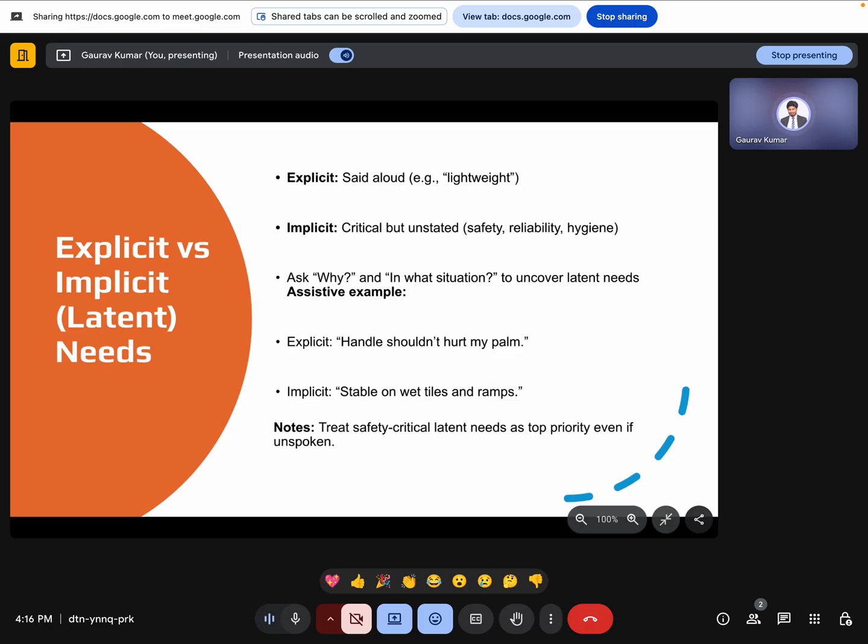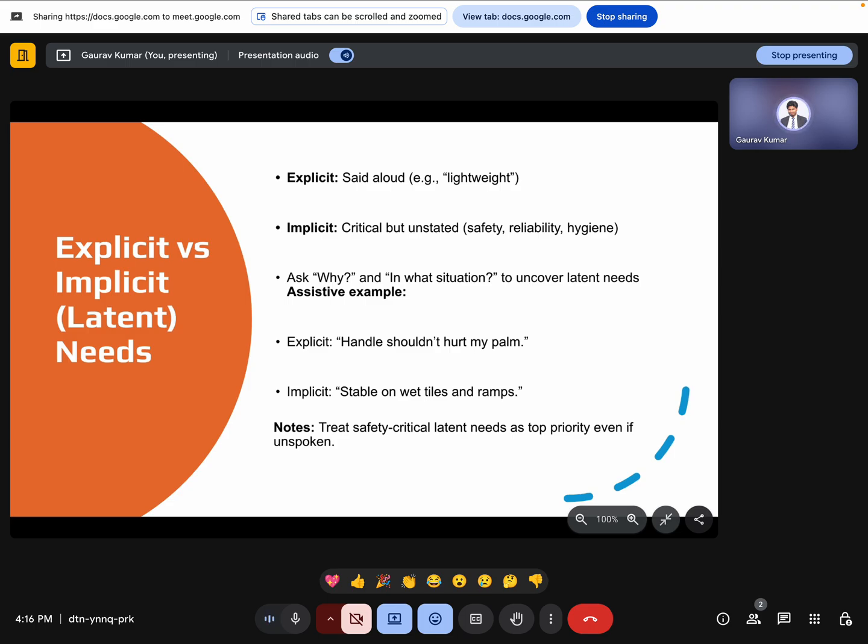In an assistive context, a user may say the handle shouldn't hurt, but the deeper latent requirement is that the device must be stable on wet tiles and rims. Otherwise people cannot trust it.